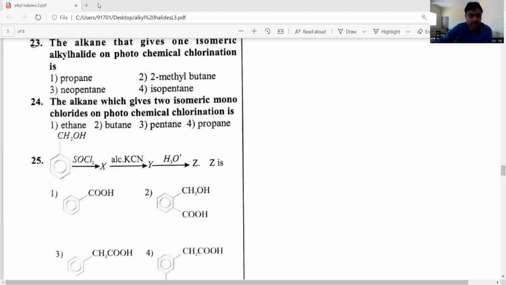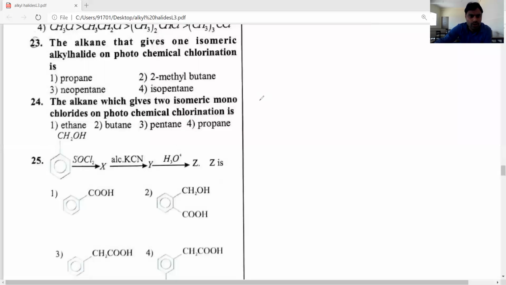Okay. Which alkane gives two isomeric monochlorides on photochemical reaction? See here, in the 24th question, the correct answers are two. One is butane and propane also. Just now, ethane, CH3-CH3, only one kind of carbon atom is present. A means one product.